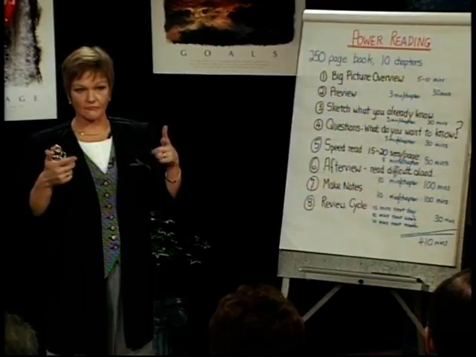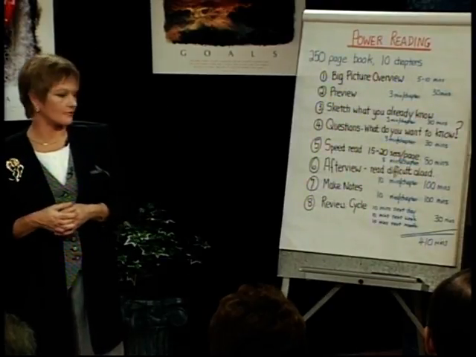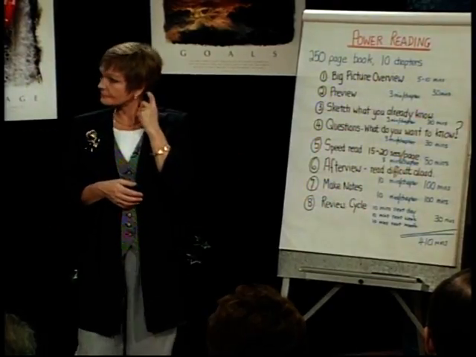That way you've revisited them and you've locked the information into your mind. So here, in just 410 minutes, less than 7 hours, you've read an entire 250-page textbook. But you haven't just read it, you've reviewed it, you've re-reviewed it, you've made notes, and you've fully understood and comprehended it. That's the power of power reading.